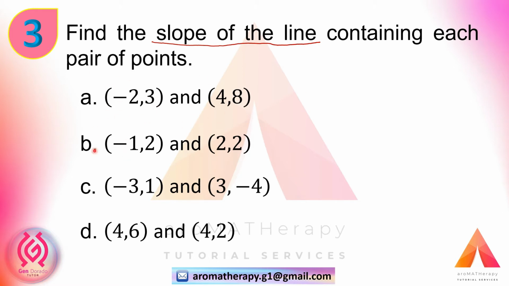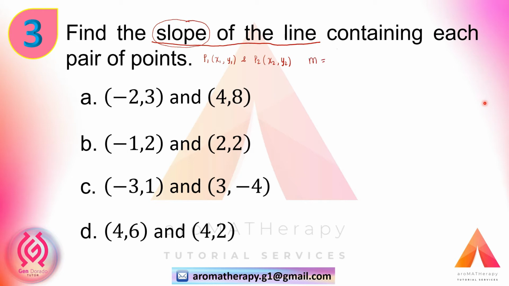Now, let's generalize the definition of slope for any 2 points on it. Given 2 points, P sub 1 with coordinates x sub 1, y sub 1, and P sub 2 with coordinates x sub 2 and y sub 2, the slope can be found using this method or this formula.